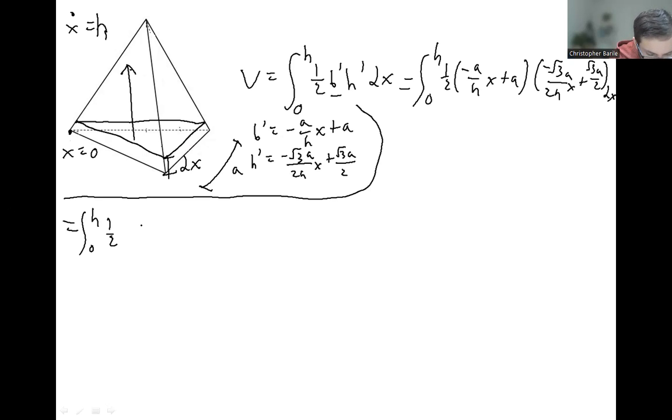So we're going to end up with negative A over 2H x plus A over 2. Here I'm just factoring out the 1/2. I think that's probably the clearest thing to do. Here, let me just make this a little more clear.